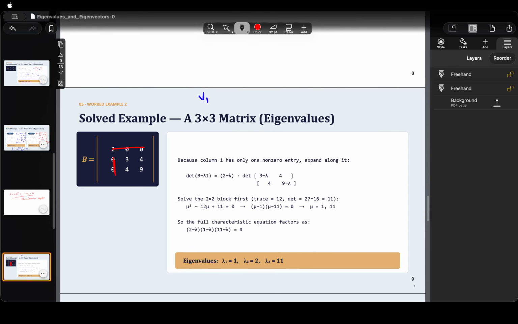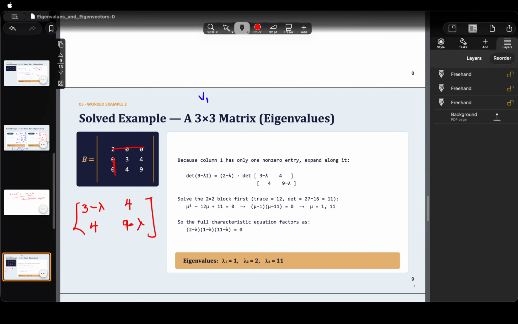If I expand it along that line, I have 2 minus lambda here, then I'll be left with this block, 3 4 4 9. So then I can find the determinant of this matrix as well. You have 3 minus lambda, 4, 4, 9 minus lambda.